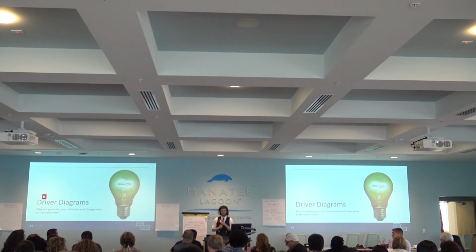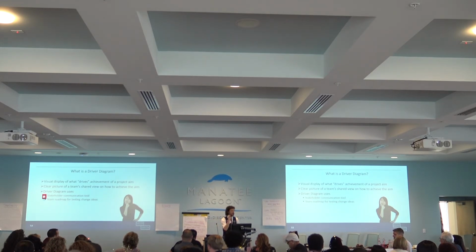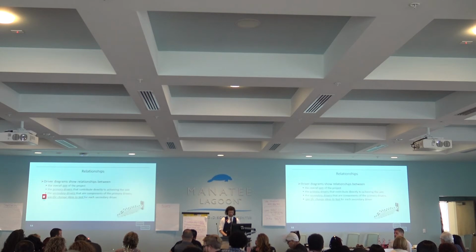Whereas drivers is the opposite. In a driver diagram, you need to think about what drives achievement instead of what drives failure. You want a clear picture of the team's shared view, and again, it's really important to involve as many people as possible, including consumers, when you do something like a driver diagram. Just like a cause and effect relationship, it's a diagram.